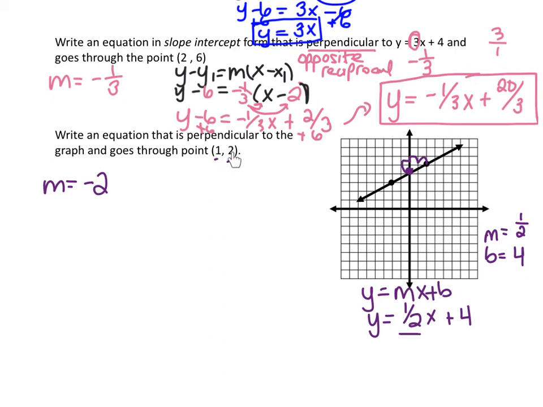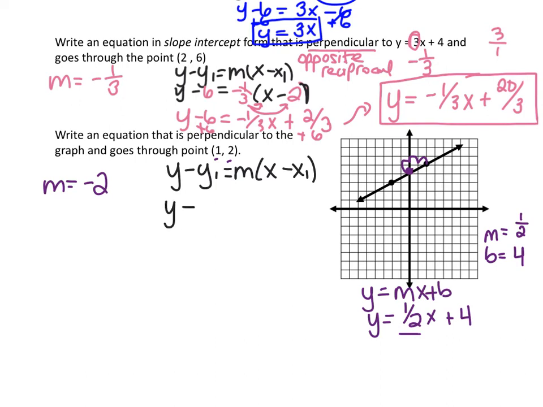Since we are given a point and a slope, we want to start with point slope. Just for rewriting purposes, we have it right here. Okay? And then just substitute what's given.